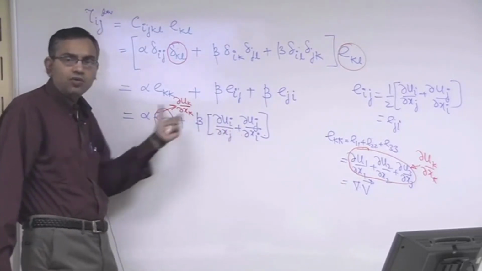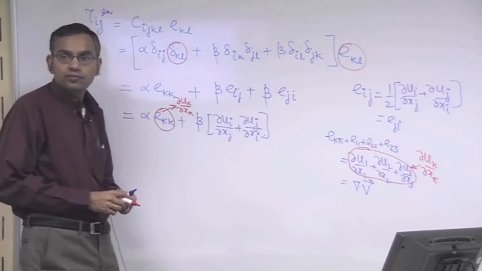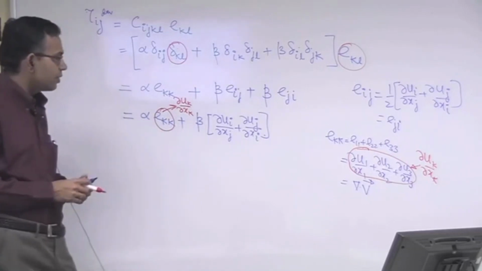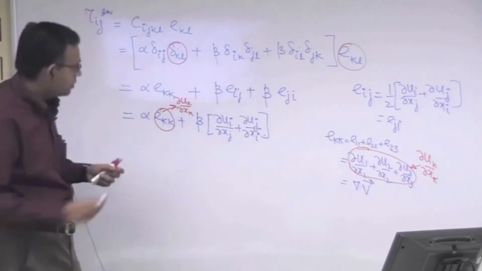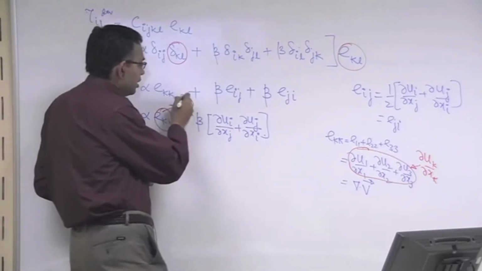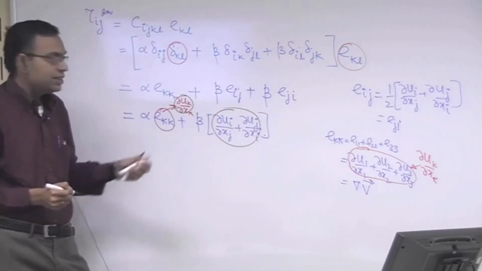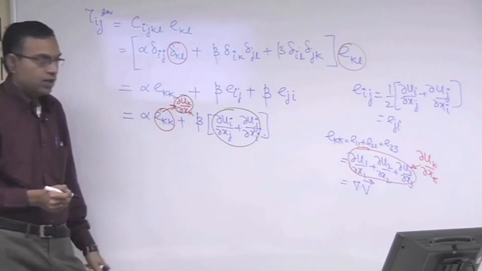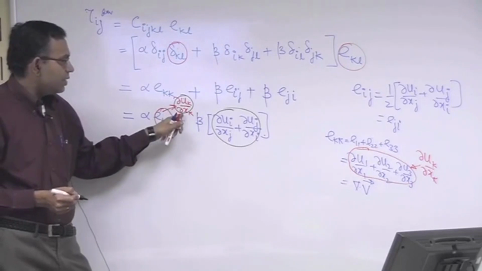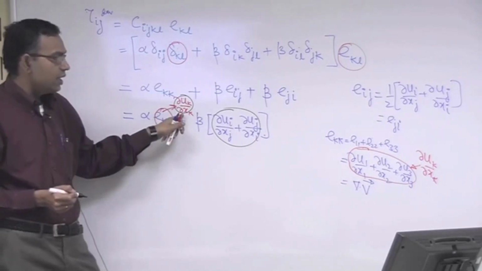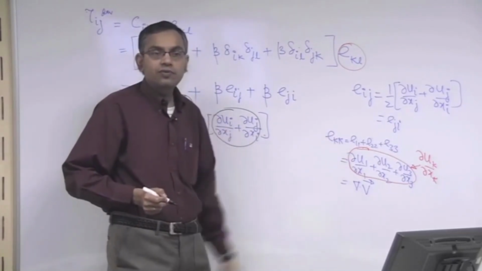Now, how do they relate with the physics of flow, that we should understand carefully. The first thing that you must appreciate is that these are pure kinematic parameters. Now, what do these parameters represent? The first kinematic parameter, del u_k del x_k, represents the volumetric strain within the fluid.